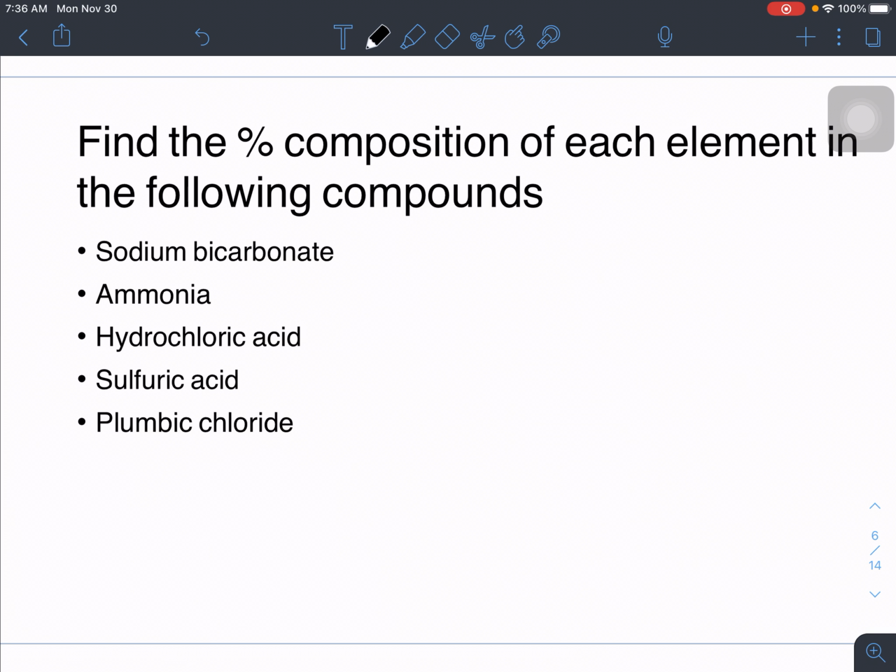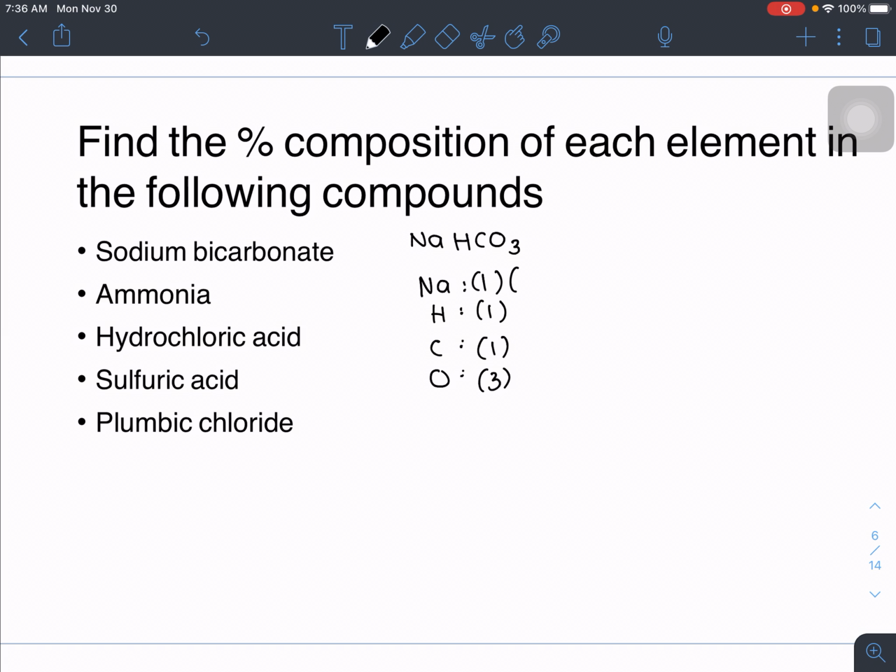Let's have another example. Find the percentage composition of each element in sodium bicarbonate, NaHCO3. Now let's find the molar mass of sodium bicarbonate. There is 1 atom of Na. For hydrogen, there is only 1. Carbon, there is only 1. And oxygen, there are 3. Multiply the mass numbers with their corresponding total number of atoms.